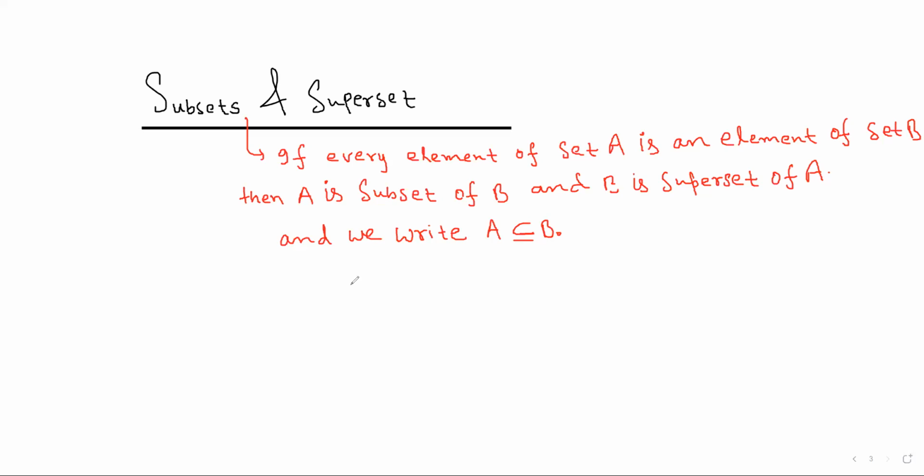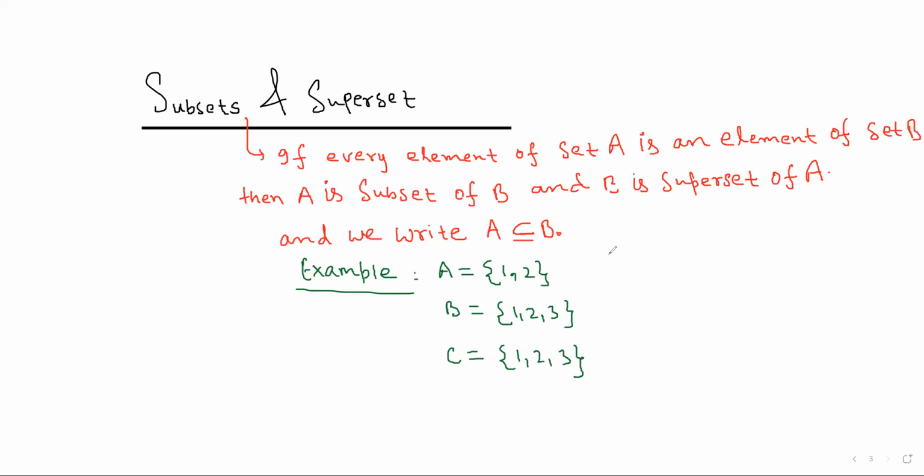Just one fundamental example. Simply A is equal to {1, 2}, B is equal to {1, 2, 3}, C is equal to {1, 2, 3}.